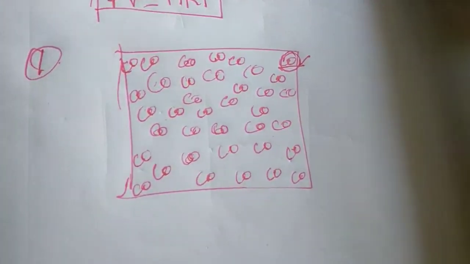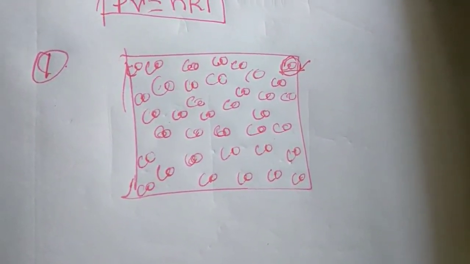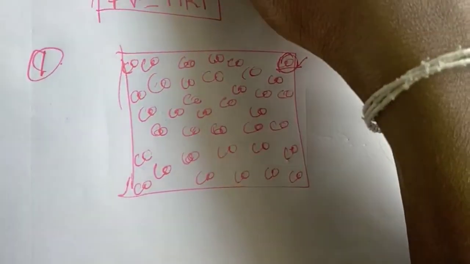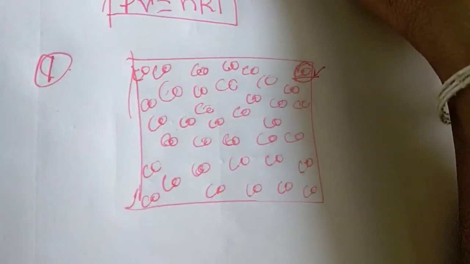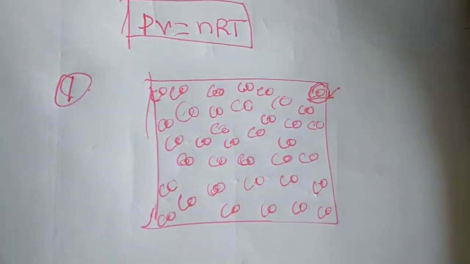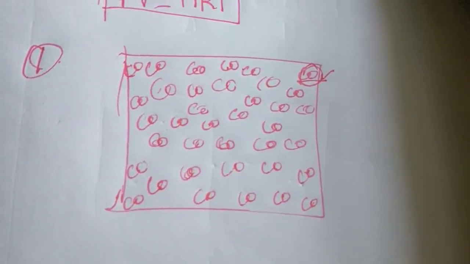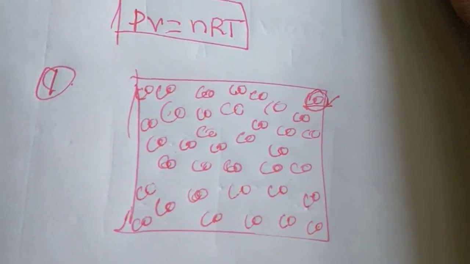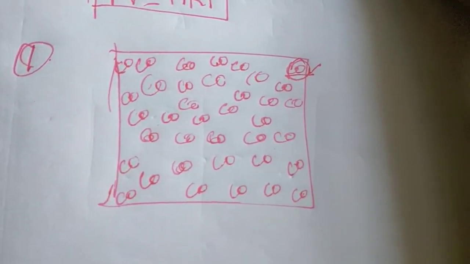You can take one example, liquefaction of gas. Liquefying a gas means converting it into liquid. When we convert the gas into liquid, we have to reduce the temperature and apply pressure.